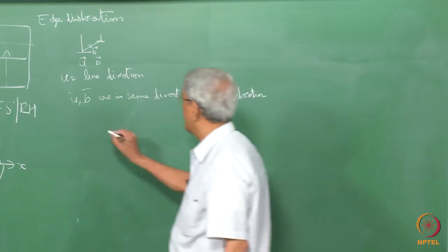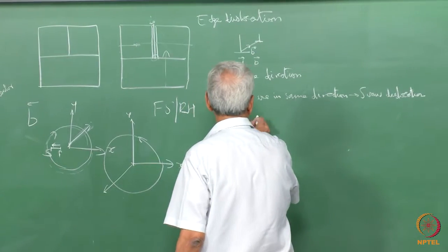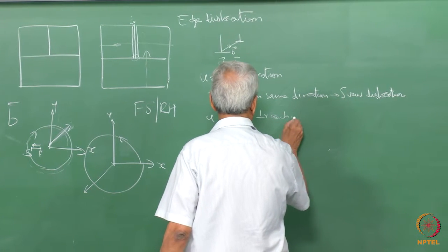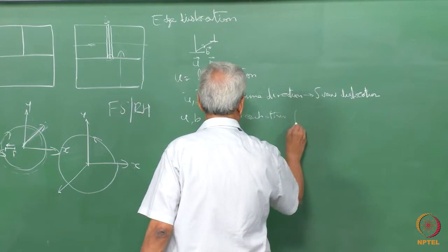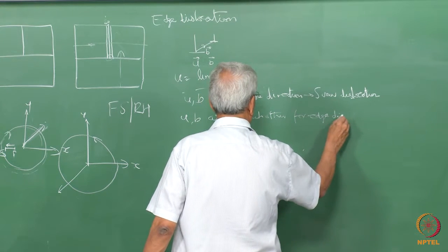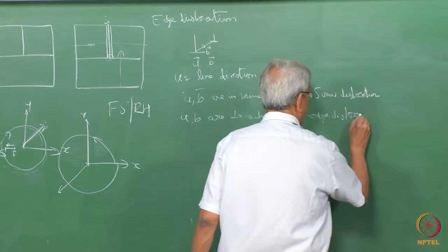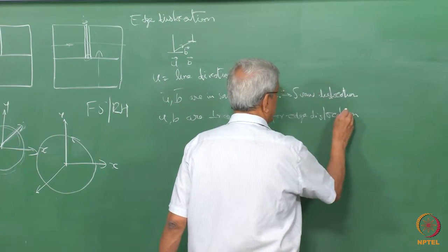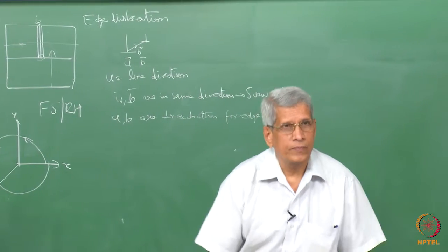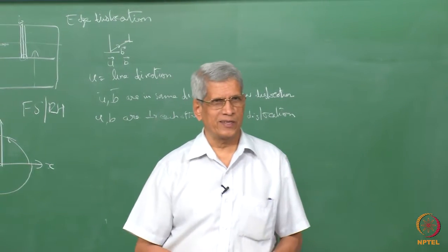Whereas u and b are perpendicular to each other for an edge dislocation. Correct? So this is something which one has to understand.